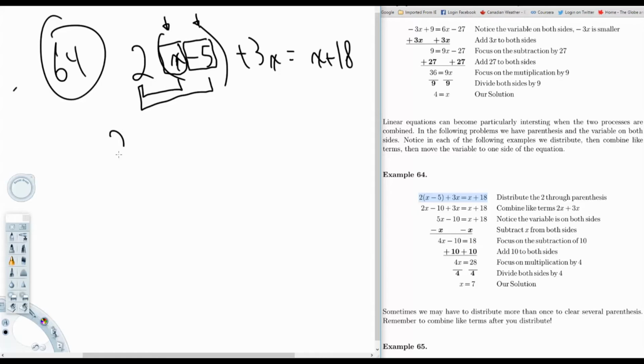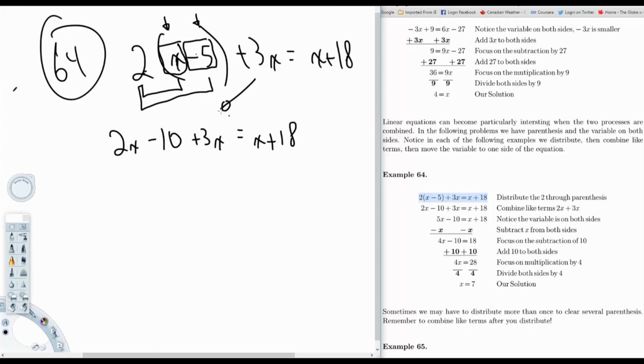So that's 2x, right? 2 times x equals 2x. 2 times negative 5 equals negative 10. Plus 3x equals x plus 18. Now we want to get all the x's together and all the non-x's together.